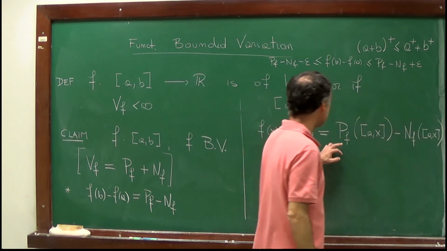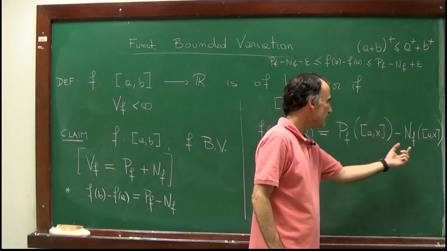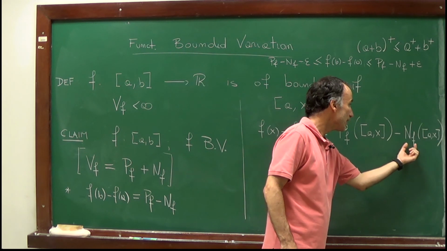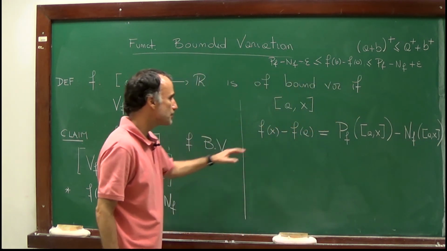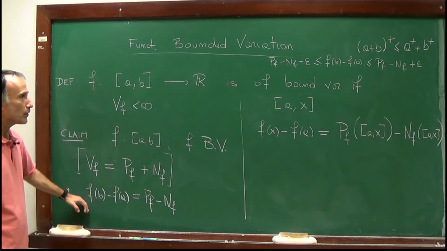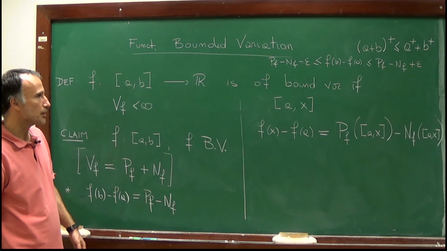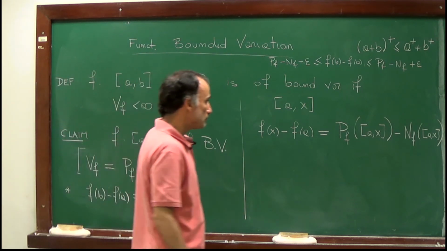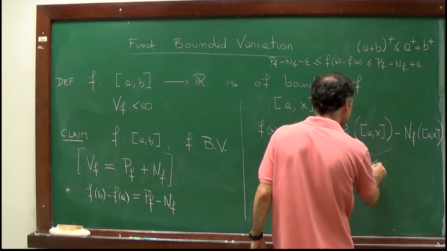So this is the total positive variation of f in the interval [a,x], and this is the total negative variation of f along the interval [a,x]. And we have this identity, which is just the one we had before, but for the interval [a,x] instead of the interval [a,b]. But you see, this is an increasing function, right?